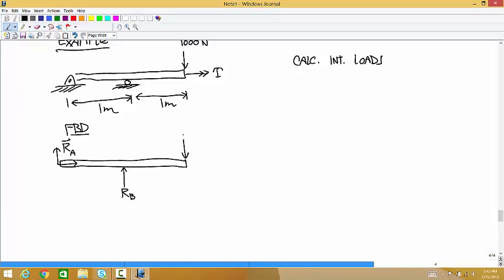And then at the right end you have 1,000 and T. Oh, and I missed one thing about this. The pin joint at the end keeps it from rotating if you're applying a torque about the axis. So I'm going to also put a reaction torque, I'll call it TA, at the end.